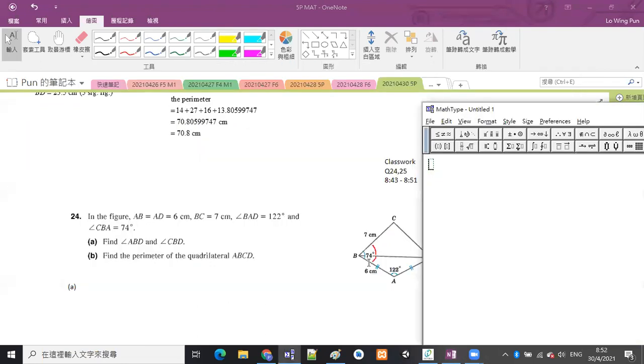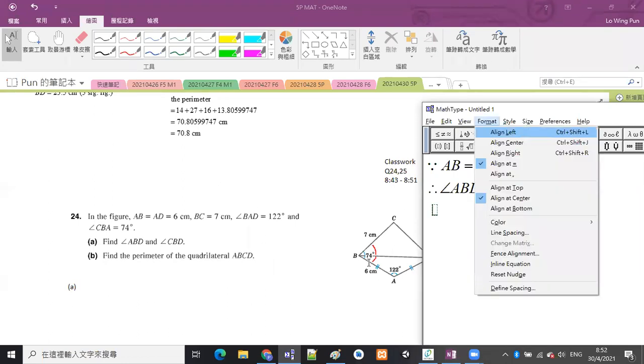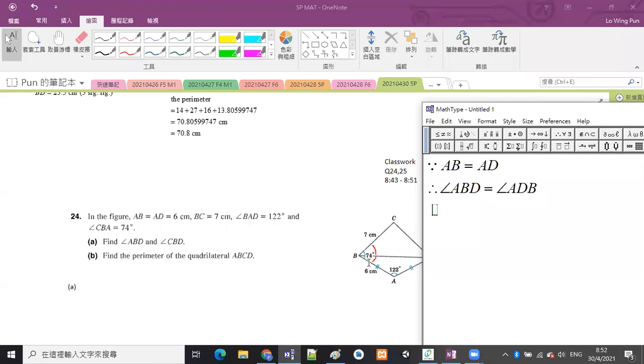Okay, so we write down the solution. Because AB is equal to AD, it is given. Therefore, we can say that angle ABD is equal to angle ADB. This is base angles of an isosceles triangle, and they are both equal to (180 degrees minus 122 degrees) divided by 2.